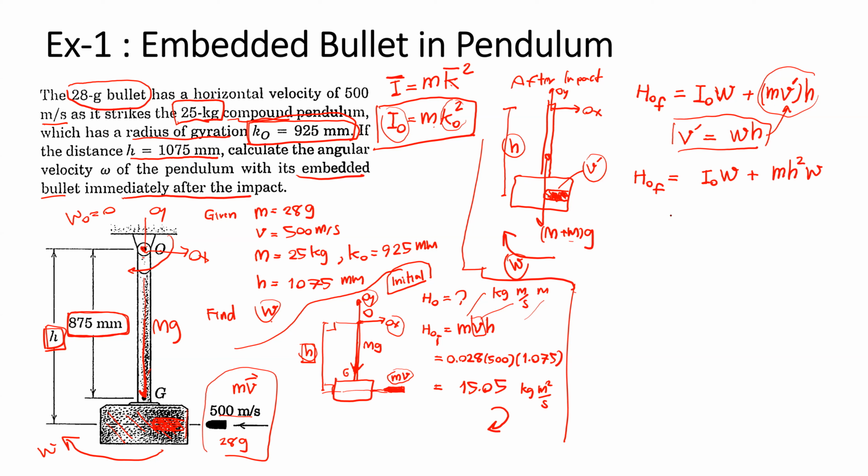And it seems like now we know everything. I_O is equal to m. I_O, I'm sorry, here to avoid confusion, M is the mass.